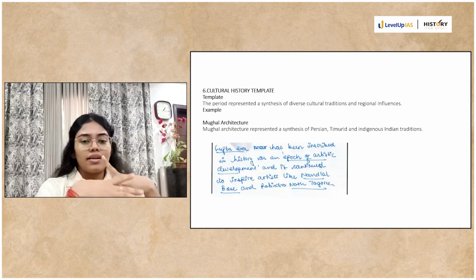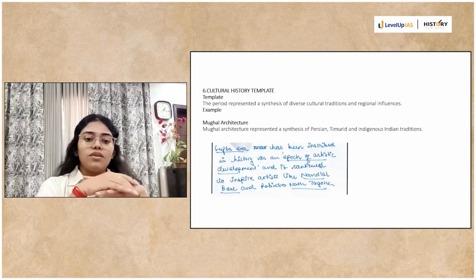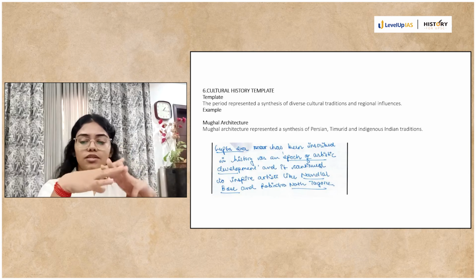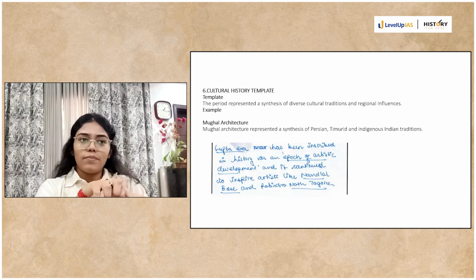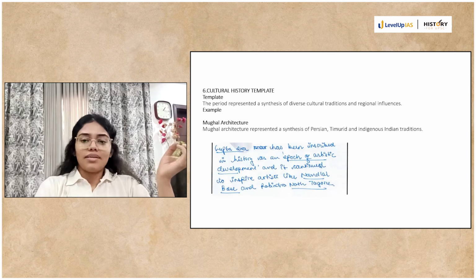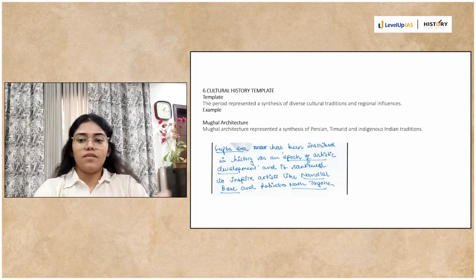Or if there was a question on Mughal architecture, you can conclude by saying that it represents a synthesis of Persian, Timurid, and indigenous Indian tradition. Although you would have written a lot in the answer, in the end you're saying that art is a synthesis of a lot of regional variation. So the examiner knows that you have understood the evolution of art.